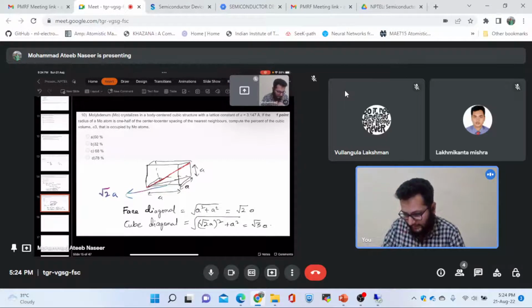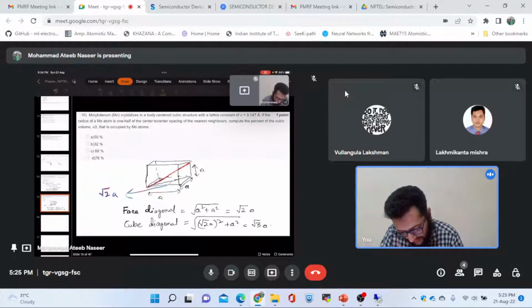So we will simply write the center to center nearest neighbor spacing. We know that it will have one circle over here, which is the Mo atom, another here, quarter here, and quarter here. My drawing might not be perfect, but these are touching each other.